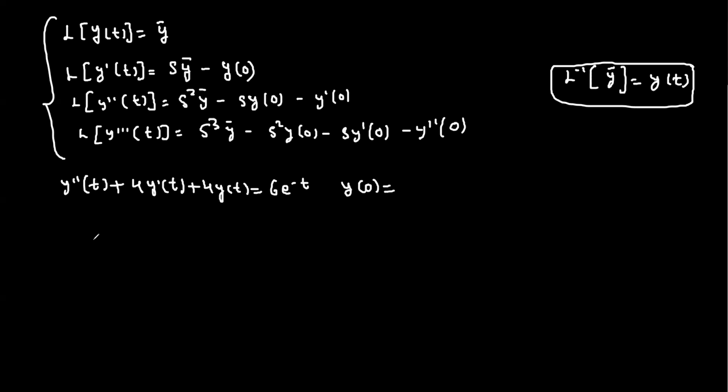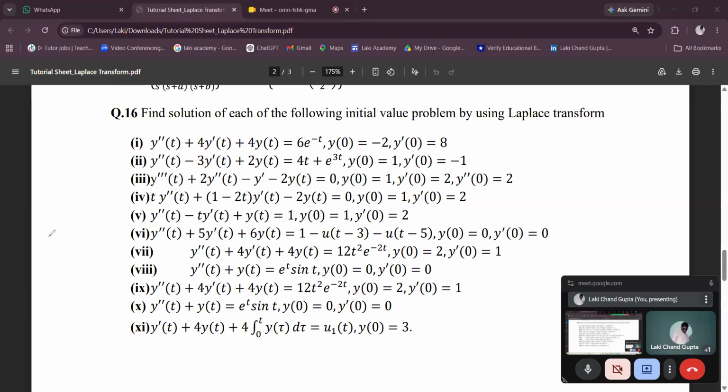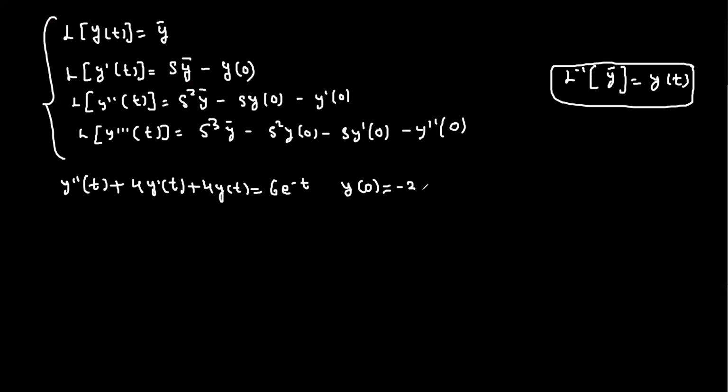Y0 is equal to minus 2 and y dash 0 is equal to 8. Understood? So this is the question given and you have to solve this by using Laplace transformation.